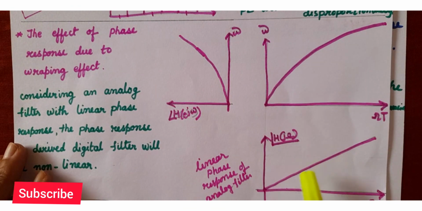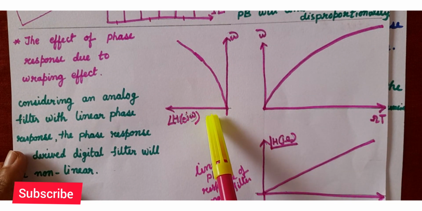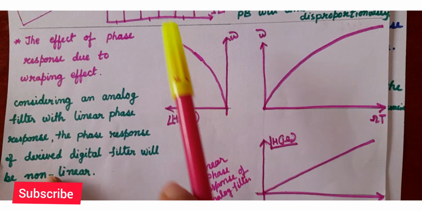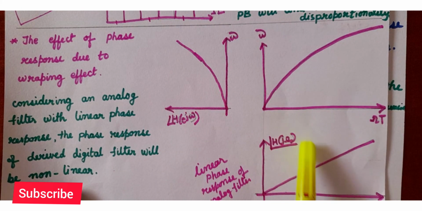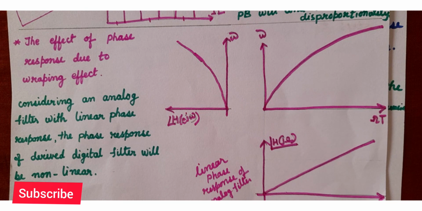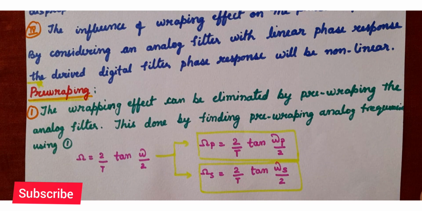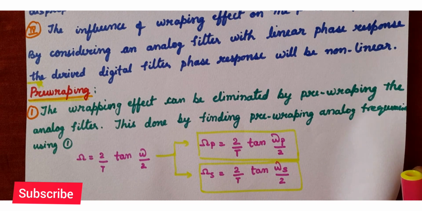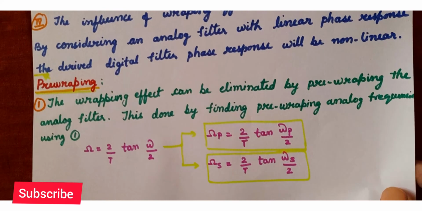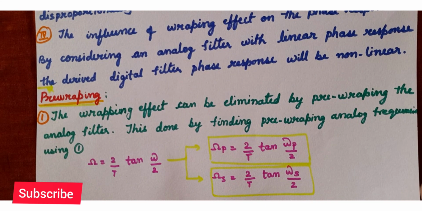If you consider an analog filter of linear phase, it gives a non-linear derived digital filter. So the magnitude response and phase response distortion is seen due to the warping effect, and it can be eliminated by pre-warping the analog frequencies. At low frequencies there is no problem because Ω and ω are linear. Coming to high frequencies, the magnitude and phase responses get distorted.